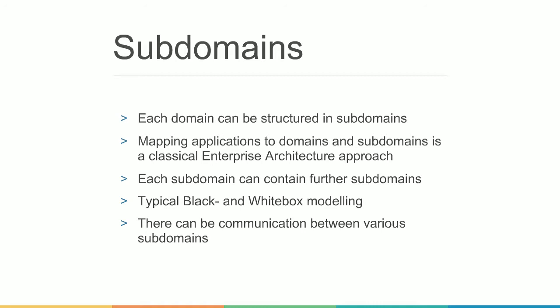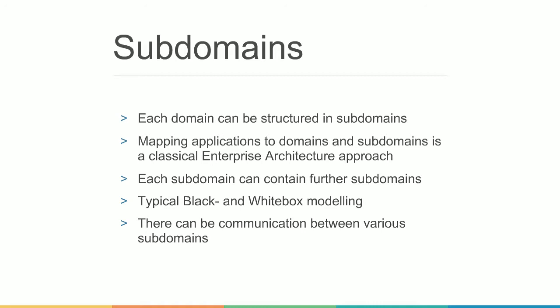This is something that is happening at a lot of large organizations. They make domain and subdomain models driven by the business. And what they then do is put the applications they have, so existing applications, on this model, and they try to see how these applications fit into the view of domains and subdomains, and so on and so forth.